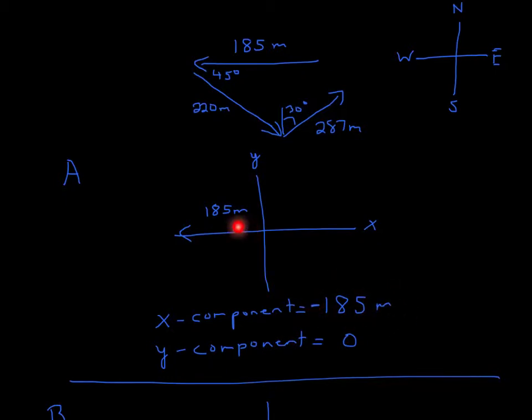But also, since this is the negative part of the x-axis, it's going to be negative 185 meters. Once again, this is the x vector, and vectors have direction, so it needs to be positive or negative. And in this case, since it's on the negative side, it's going to be negative. Since all of it is on the x-axis, there's nothing on the y-axis, so that y component is 0.